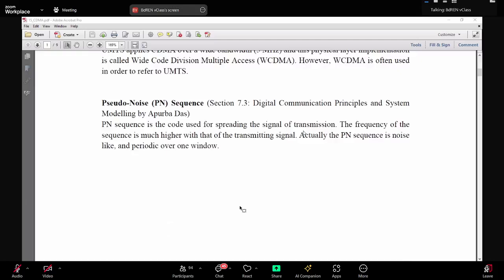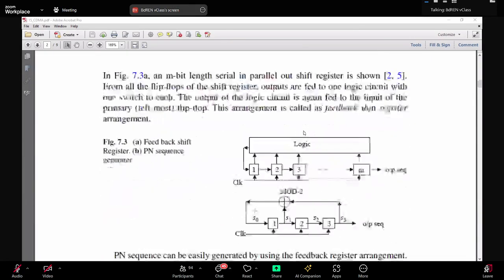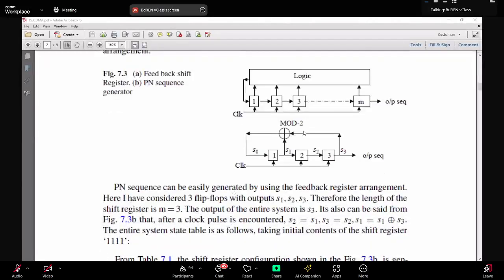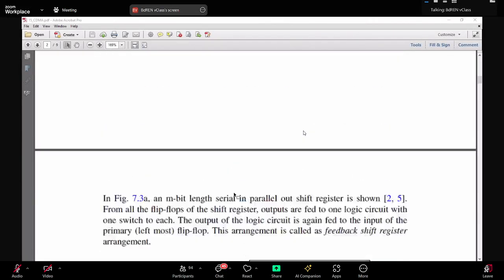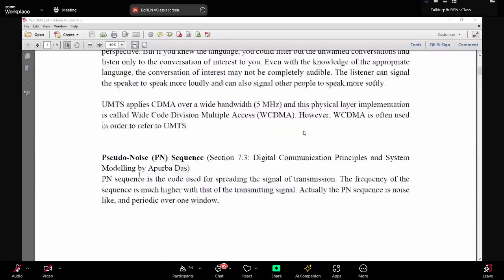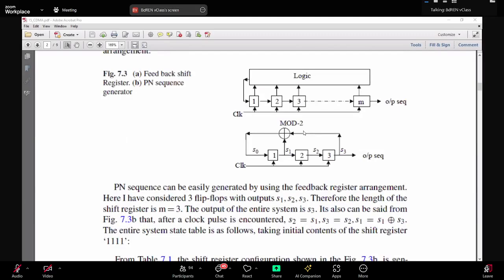These sequences are sort of random, but there is some inherent bias within the randomness. So this pseudo noise sequence, or PN sequence, is generated using this kind of circuit.